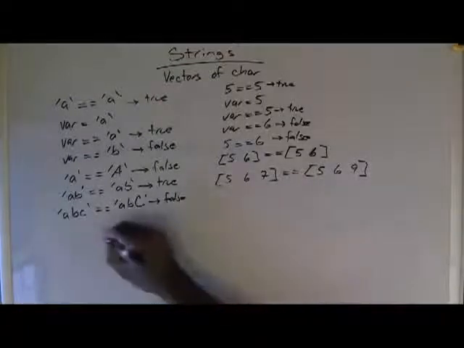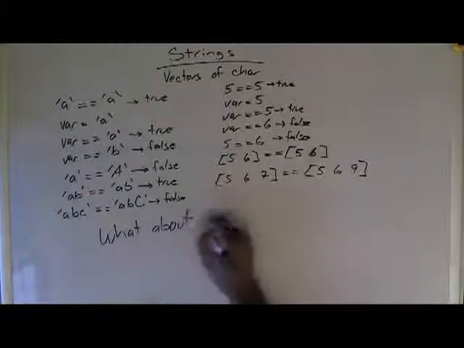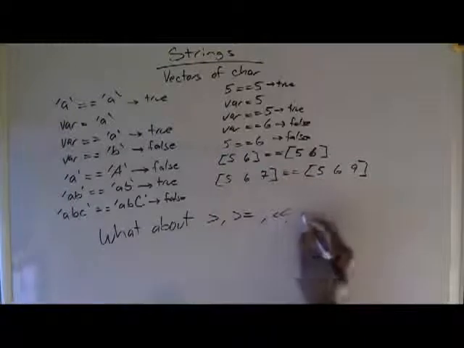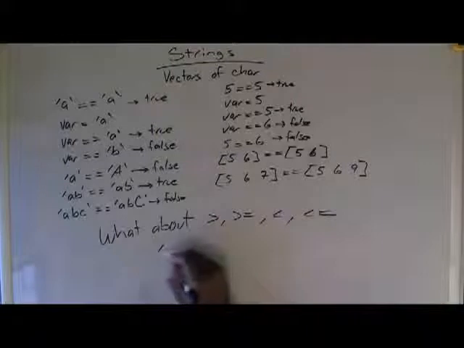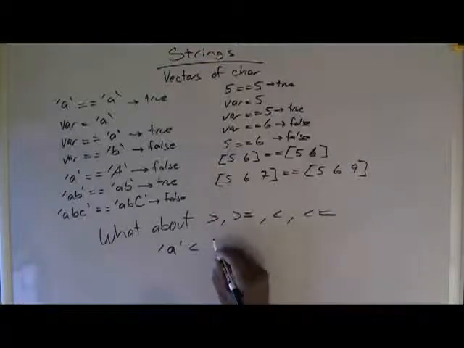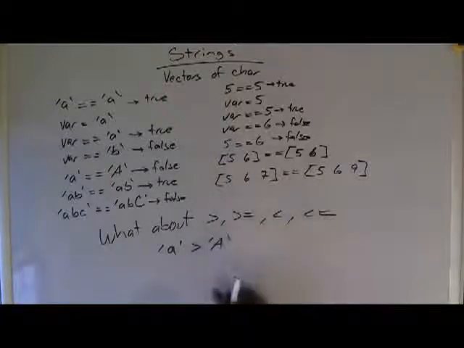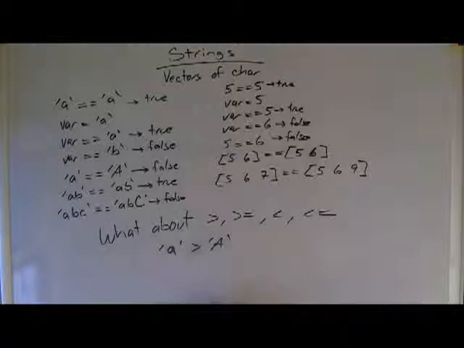Well, then you ask the big question, what about greater than, equal to, less than equal to? Can you use those as strings? Could I say, is A less than or greater than capital A? And that is a valid question, but before I ask that question, that's going to lead me into another area.